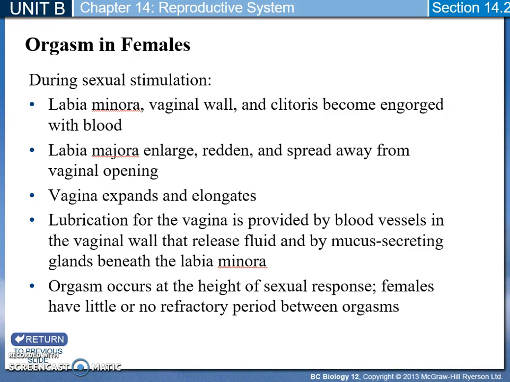It's interesting to note that fertilization of the egg is not dependent on orgasm in the female. This is something that can occur in the female, but fertilization is not completely dependent upon it.